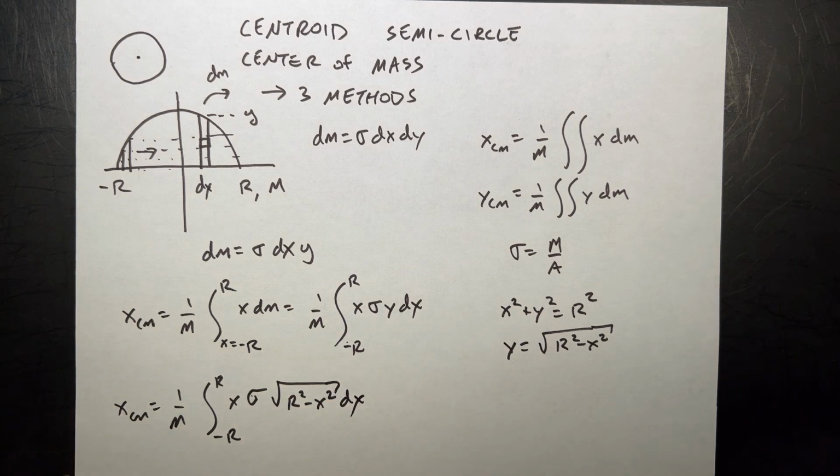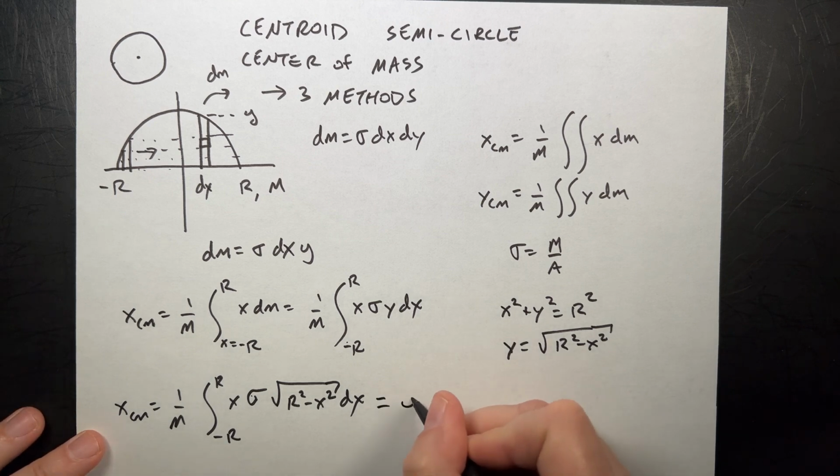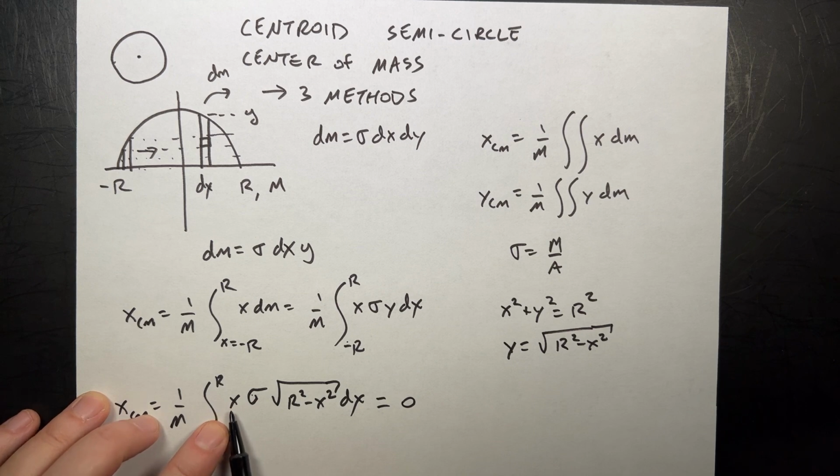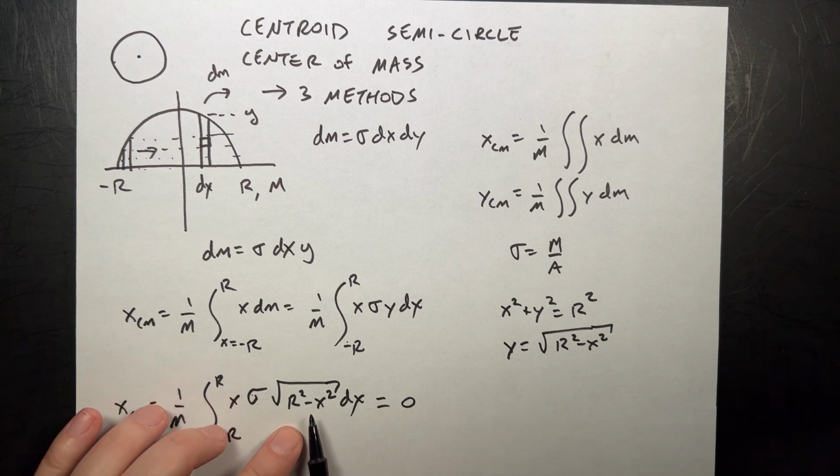Now you can do this integral. It's not impossible to do. You can look it up in a table, or do a bunch of things, but the answer is 0. Why is the answer 0? Because I'm integrating from negative r to r, symmetric limits, and I have an odd function. X is an odd function, but the square root is an even function.